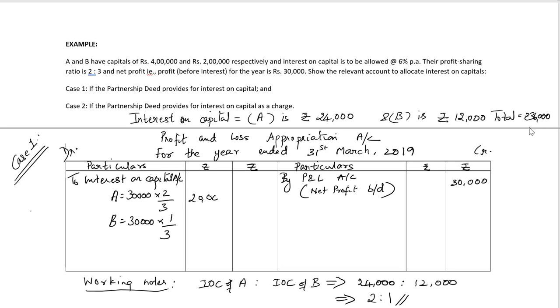So A gets interest on capital of 20,000, whereas B gets interest on capital of 10,000, and the total of interest on capital allowed is 30,000.